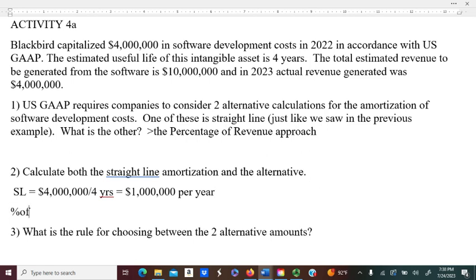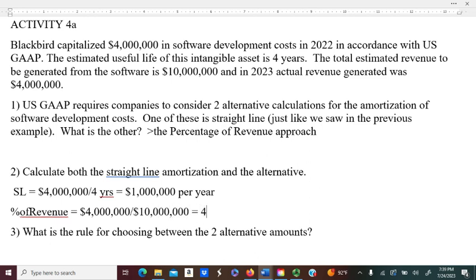All right, percent of revenue. This is also very easy. Once you know the rule, you can calculate it. So the actual revenue in 2023 was 4 million. That's just a coincidence of my example. 4 million. The total estimated revenue is 10 million.